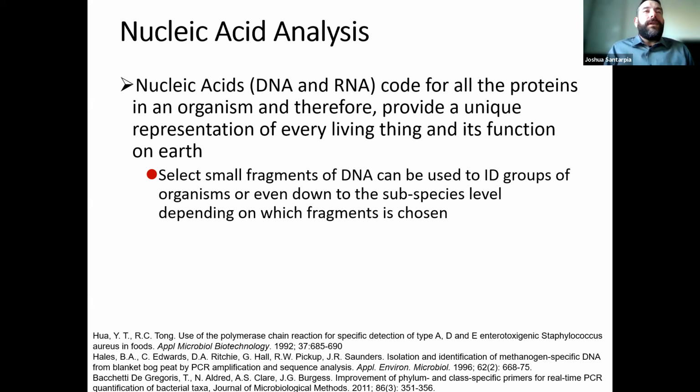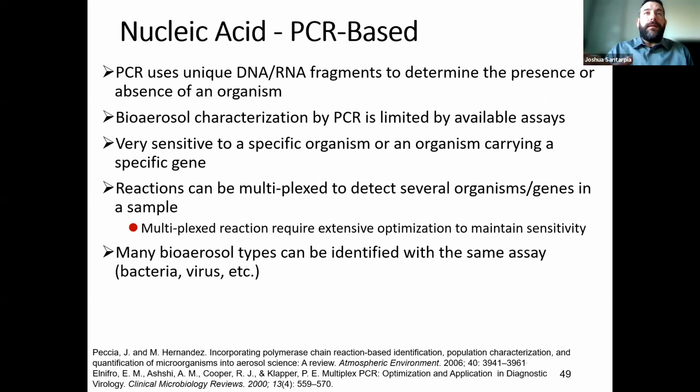Nucleic acid analysis, I've brought this up, I don't know, a bunch of times already, because it's super common. Basically, we use nucleic acids to identify microorganisms or to characterize them, to understand their functions. When we go down to PCR-based analysis, we're basically looking for some ultra-specific piece of the DNA or RNA that identifies that organism from every other organism on the planet, or we hope, if it doesn't cross-react.